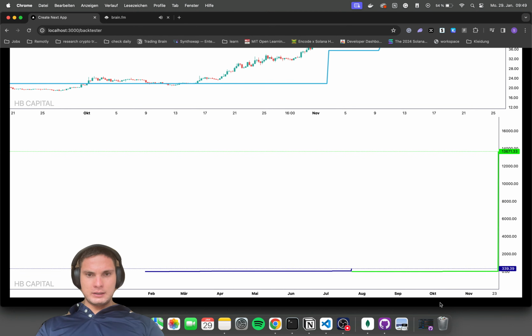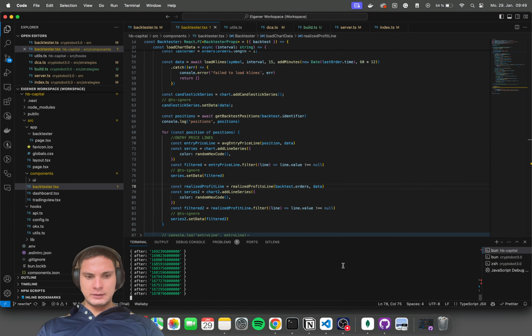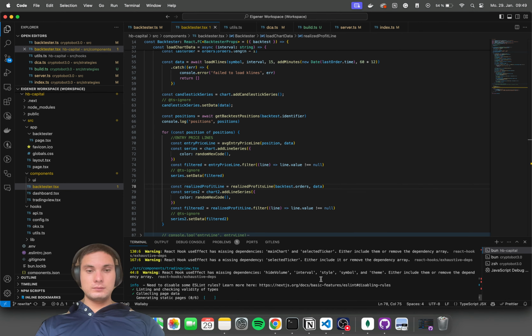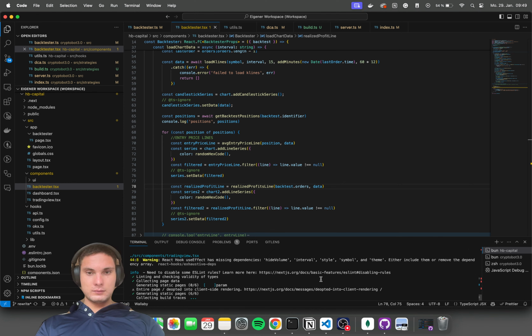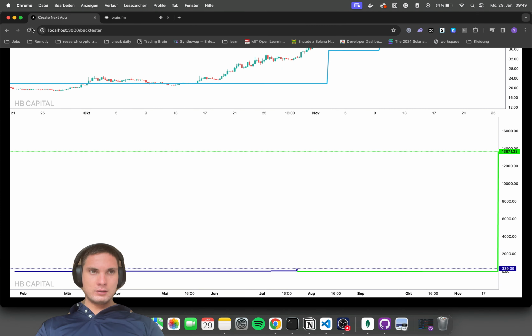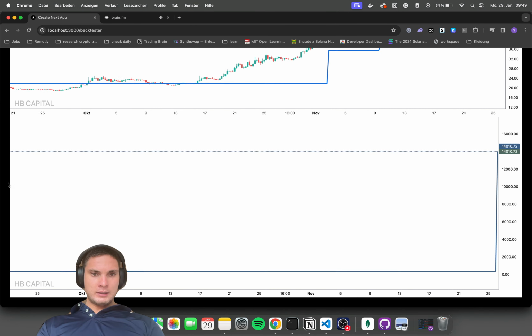13k, now we still have. Ah, okay, because this doesn't run build. Run start, and now we should see one line. Yep, it's even higher.